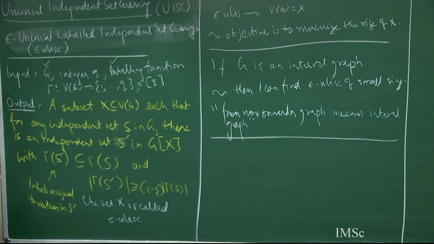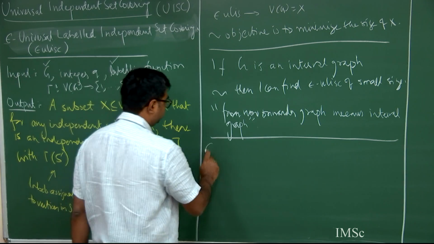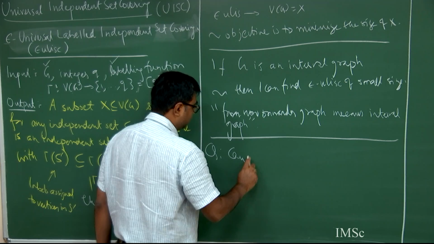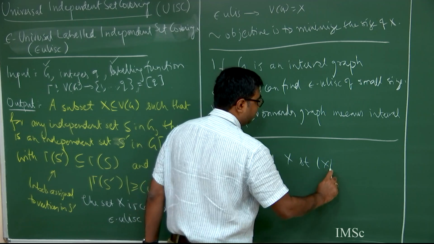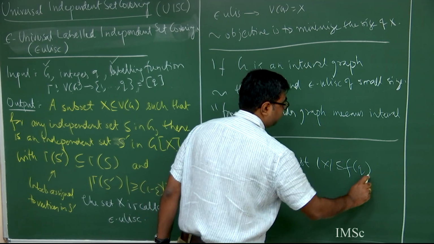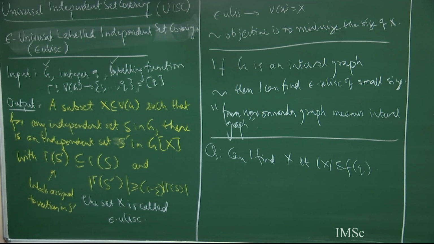I want a set X of as small size as possible. For example, can I find X such that the cardinality of X is less than or equal to a function of, say, Q? Not clear, right?